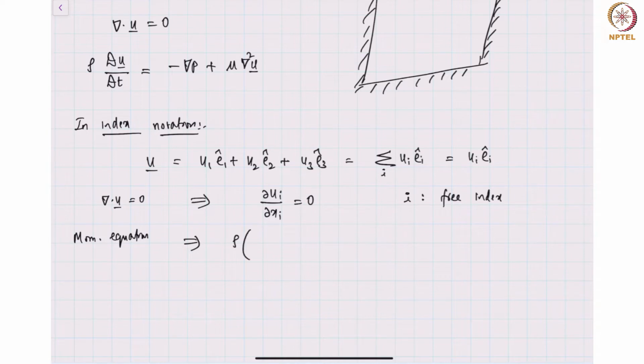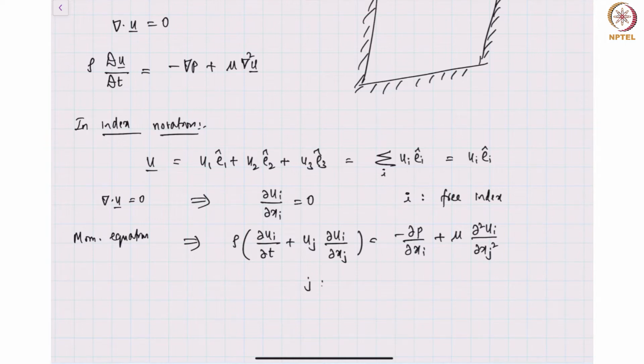it becomes density times del ui by del t plus uj del ui by del xj is minus del p by del xi plus mu del square ui by del xj square.